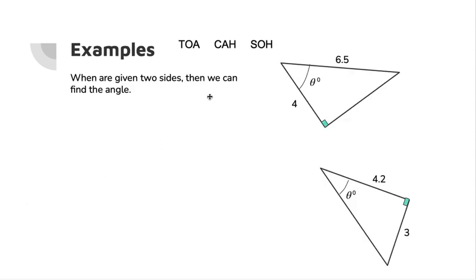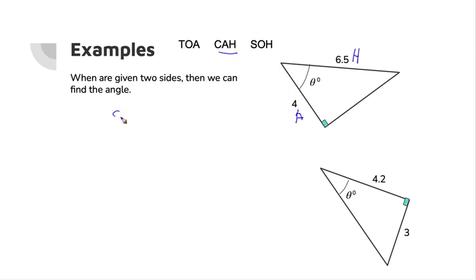Now let us take a look at an example of how to find the angle. Remember that the first thing to do is to look at the position of the angle, and then we know from here that the opposite side is not known. We have the adjacent side and the hypotenuse, which we know is cosine.